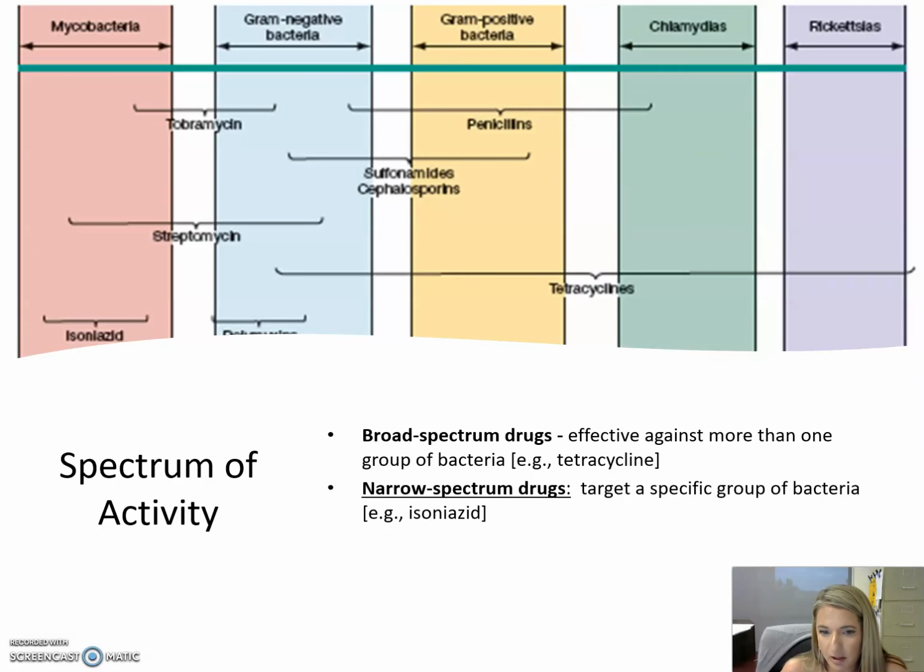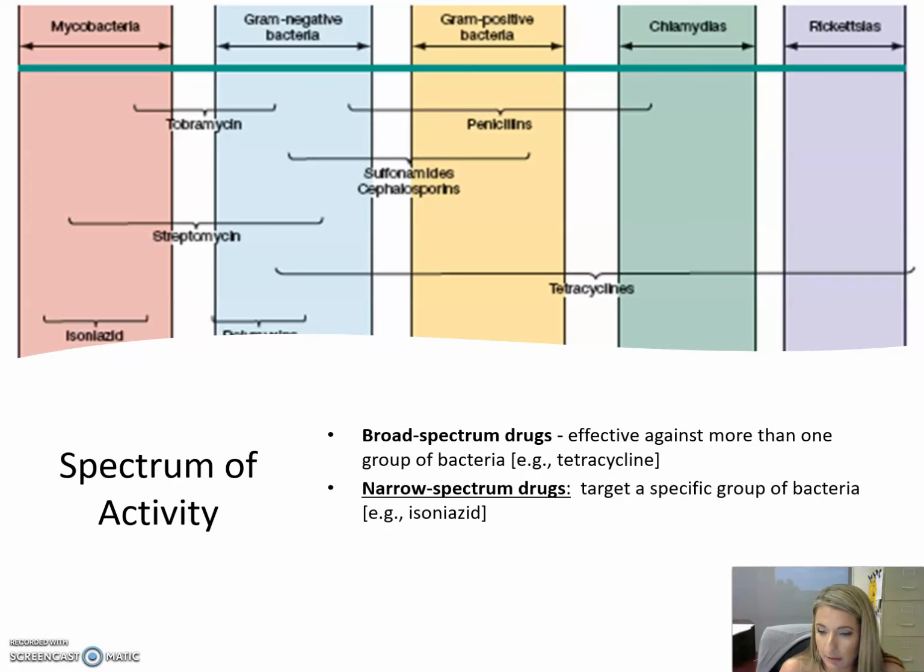Another concept that we talk about with antibiotics is their spectrum of activity. So basically with antibiotics, they have two different spectrums of activity, broad spectrum and narrow spectrum. So antibiotics that are able to target a wide variety of bacteria are broad spectrum drugs. So if there's an antibiotic that can target both gram-positive and gram-negative bacteria, it would be considered a broad spectrum drug.